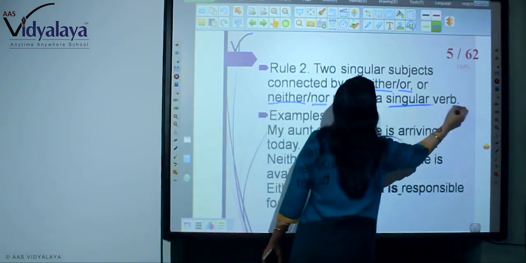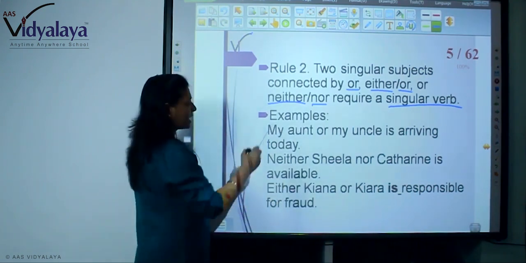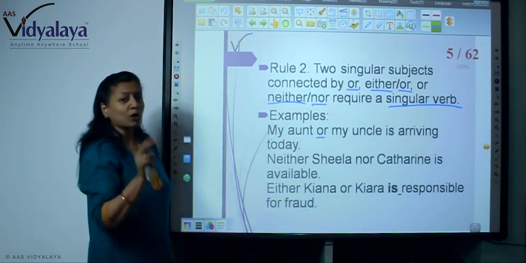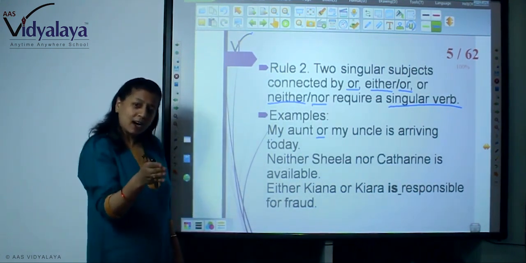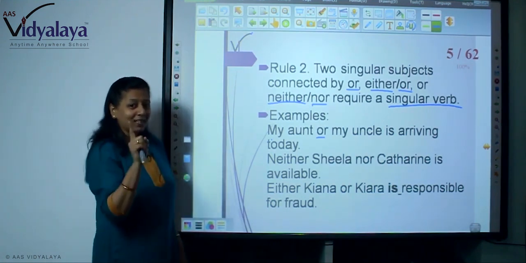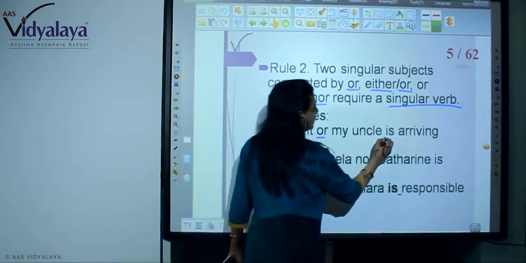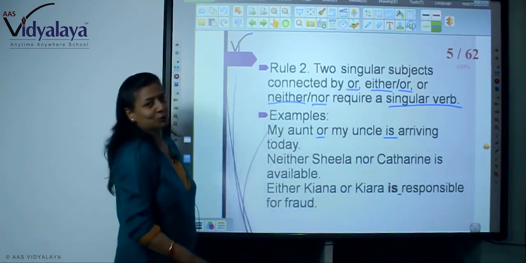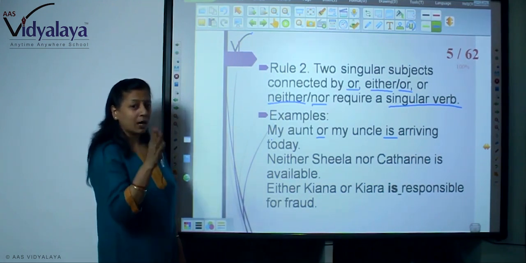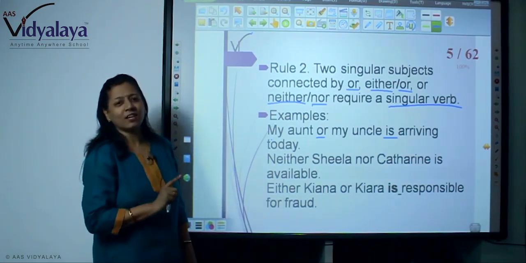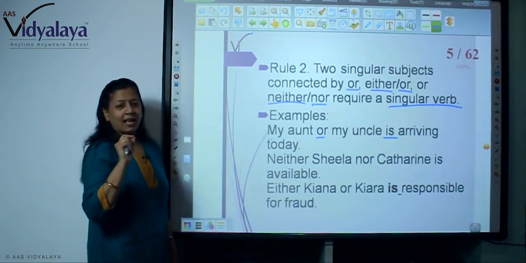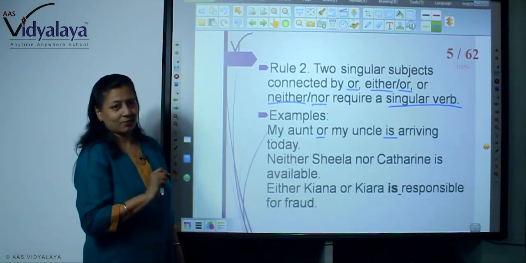So, your verb is singular verb. For example, my aunt or my uncle, not both. Either my aunt or my uncle, that's why only one. So, we have written is arriving today. Understood? Though there are two subjects, only one is arriving. So, we will have to write the verb according to the subject, and that is.